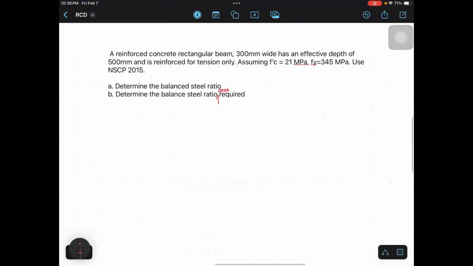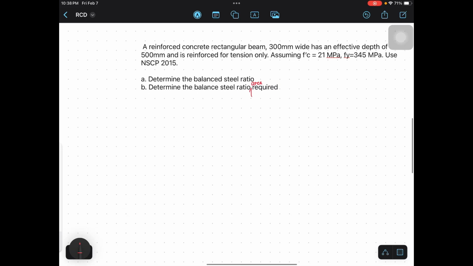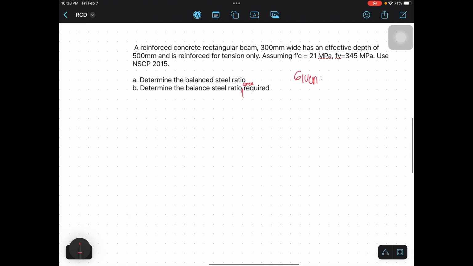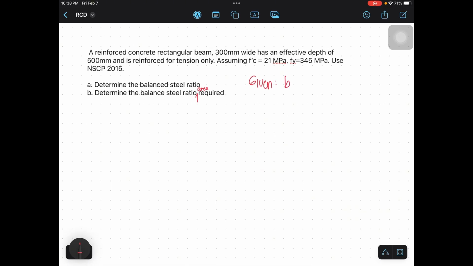So using NSCP 2015 provisions, given natin, meron tayong base width na 300 mm, yung kanyang effective depth na kapag alam naman natin that effective depth is with reference yan sa centroid ng ating reinforcements papunta sa extreme edge ng ating compression side.